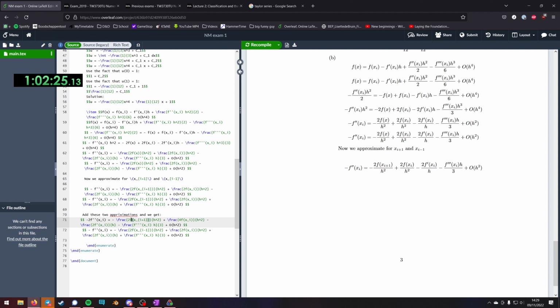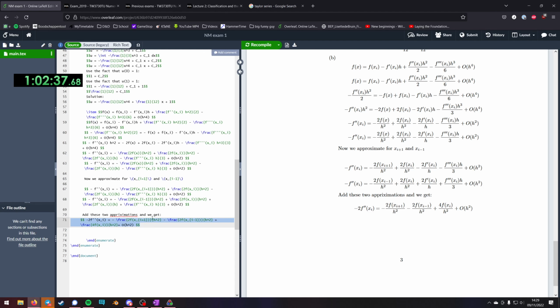So this is 2, and this is minus another 2. And then plus a 4, and then these two cancel out because that one is negative, the other are positive. And if you look at this, this is exactly what we want. Because if we now divide by 2, we get our definition that we know from the book. Hell yeah! Look at that little smart thing.